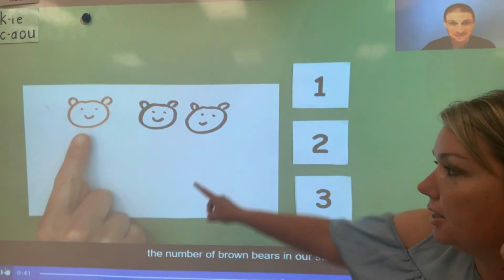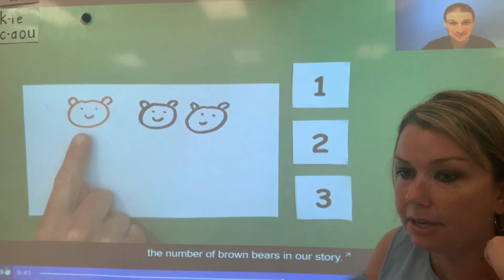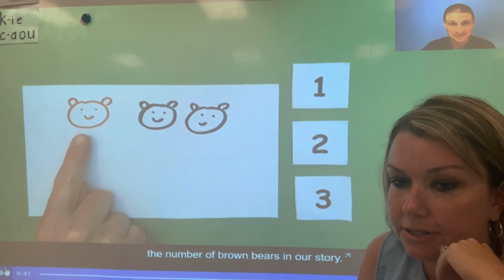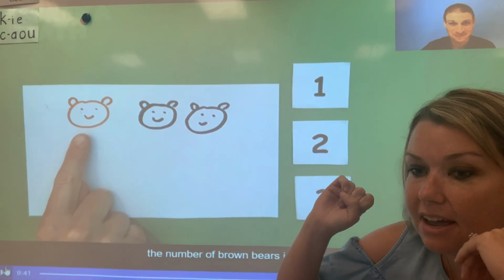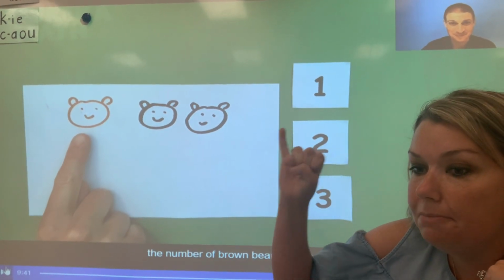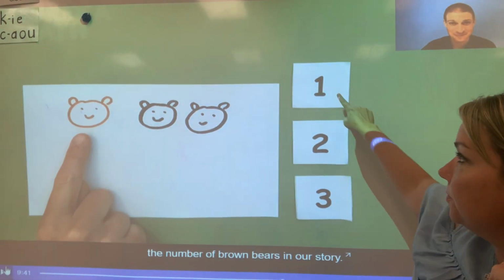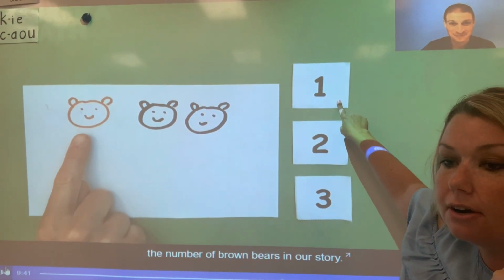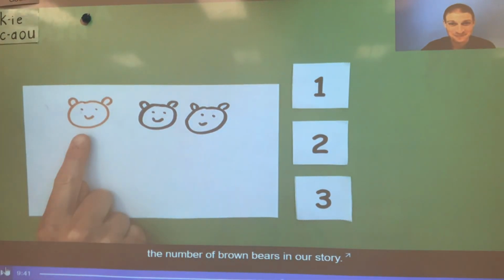Think about it, look at the picture and look at the 2 different colors. Look at where he's pointing. How many brown bears are there? Just brown. Ada's got it. Ria's got it. It's just 1 brown bear. So we're gonna look for the numeral card 1. Okay, let's see what Mr. Hammer says.